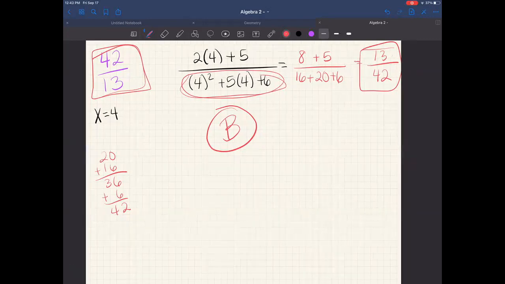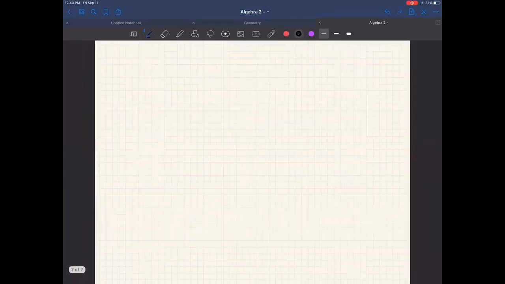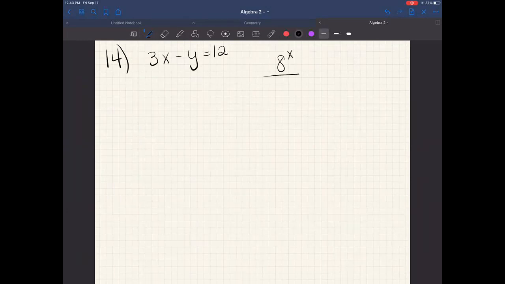Number 14. So 14 is interesting. It says, if 3x minus y equals 12, what is the value of 8x over 2y?